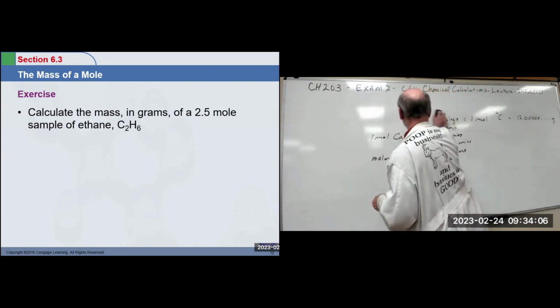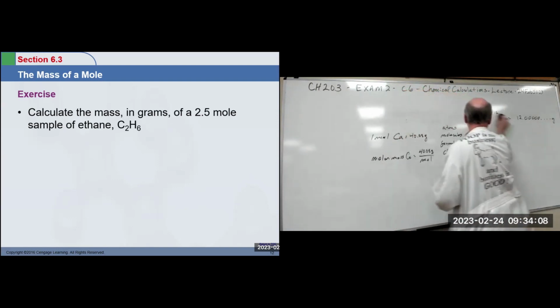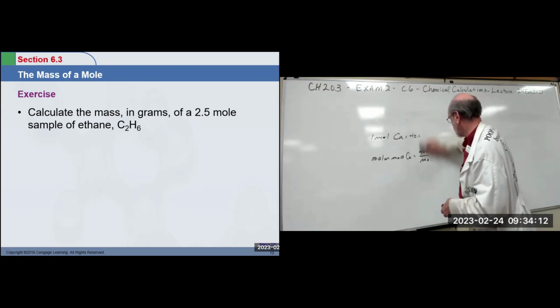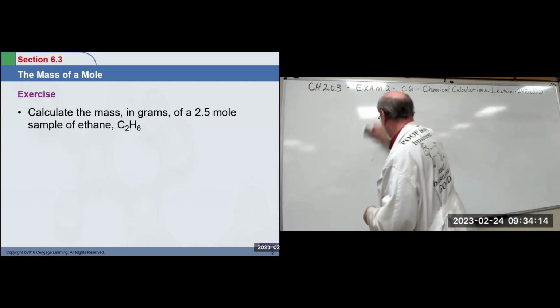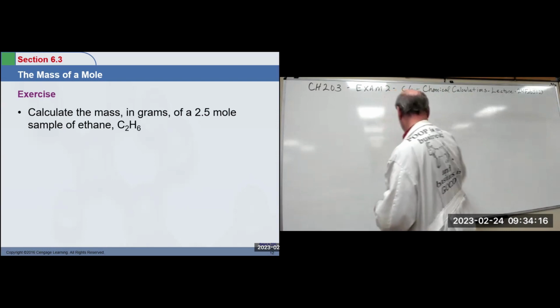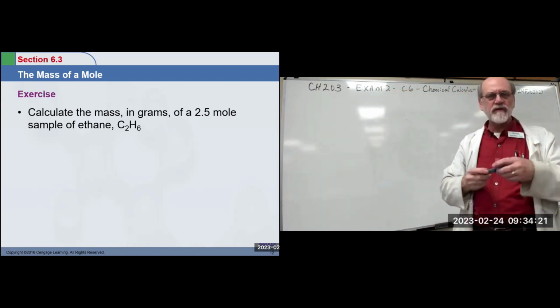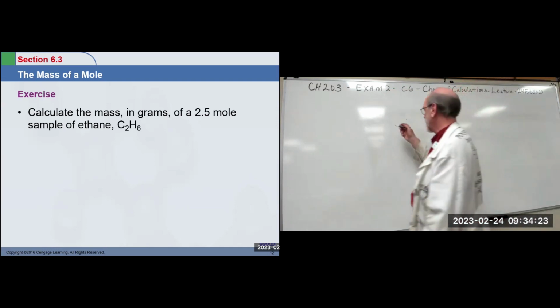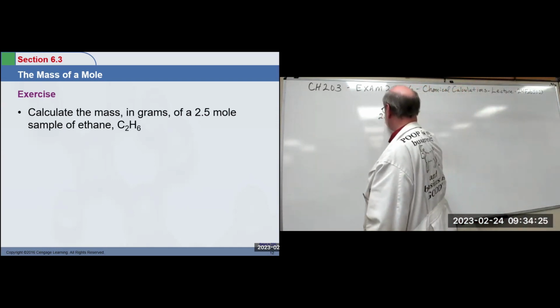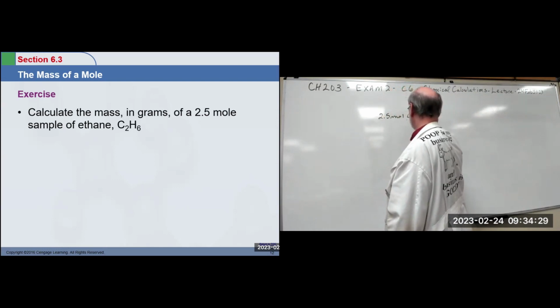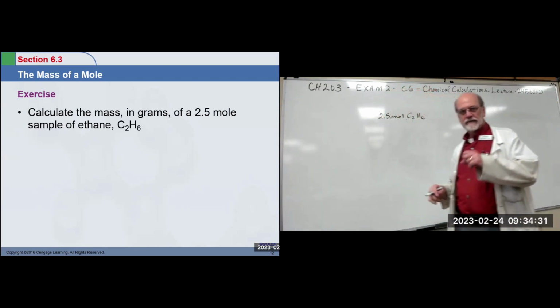All right, so let's use that knowledge and solve this problem. What's the mass in grams of 2.5 moles of ethane? So we're starting with 2.5 moles of ethane.